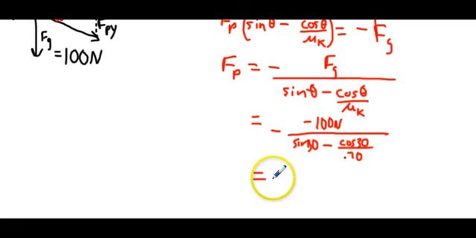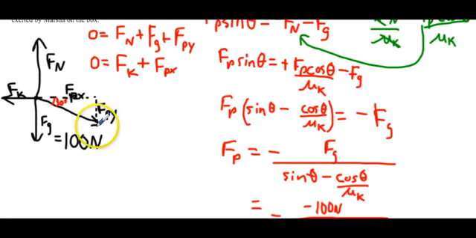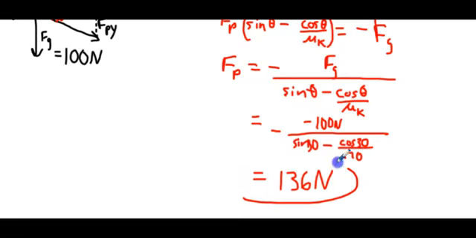And looks like when I put all that in the calculator, I got about 136 or so newtons for the pushing force. And that seems like a reasonable answer if we look back at our original force diagram. So we'll go with that.